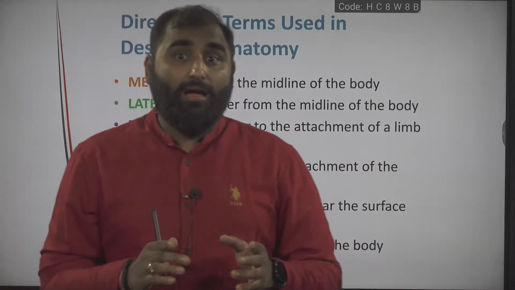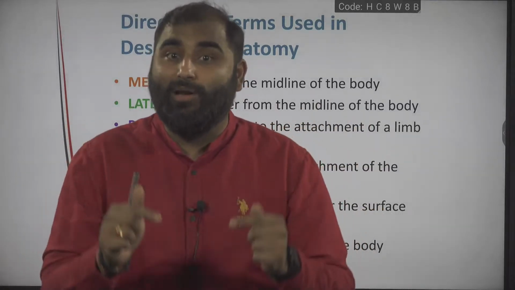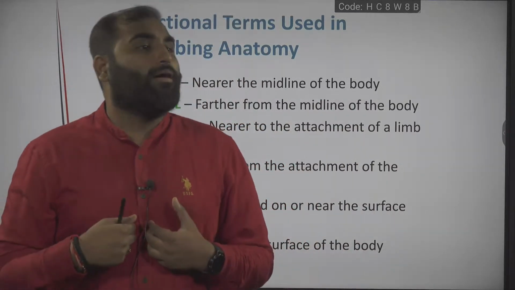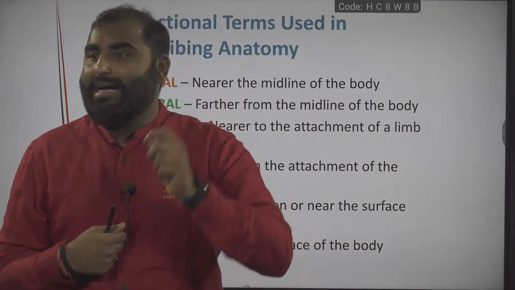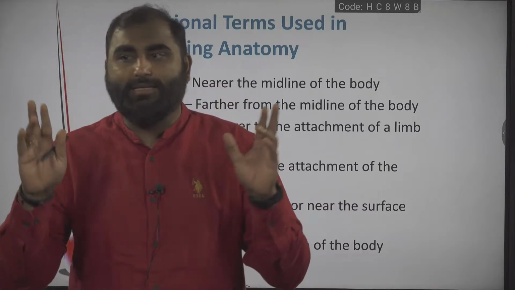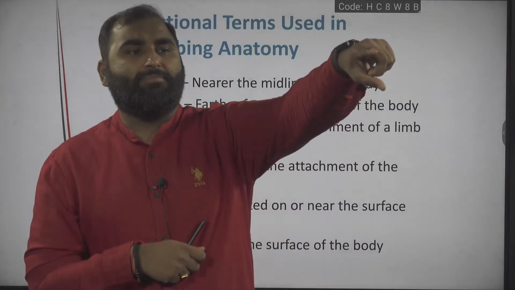So can I say lungs are lateral to the heart and the heart is medial to the lungs? Both statements are correct. Are you getting me, guys? Are you able to understand these words? Come on, tell me yes or no. Are you going to get this? Beta, the cryptogram question, I am coming back to you.